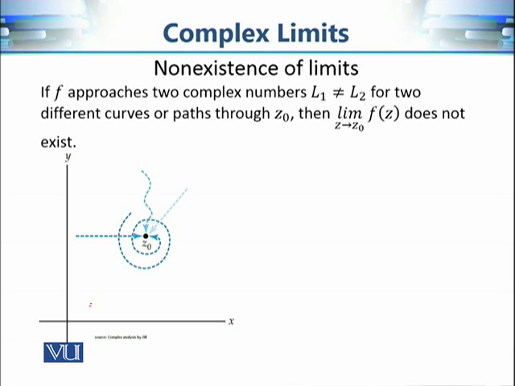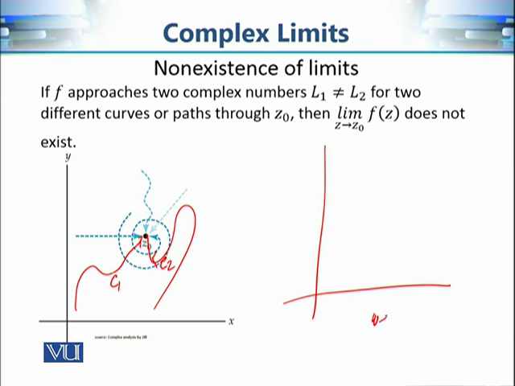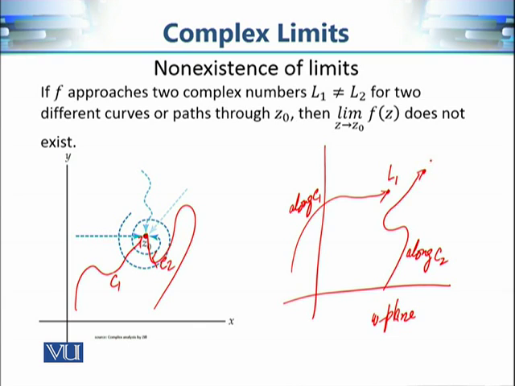So if we choose two paths, let's say this is path C1 and this is path C2, and in the w plane the functional value approaches, say, L1 along C1 to this point z0, and along C2 it approaches L2, and if L1 and L2 are not equal, then we say that the limit of the function does not exist.